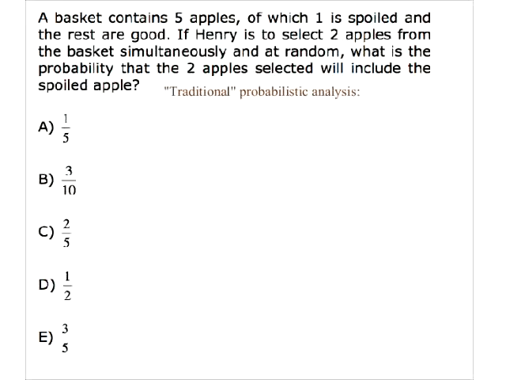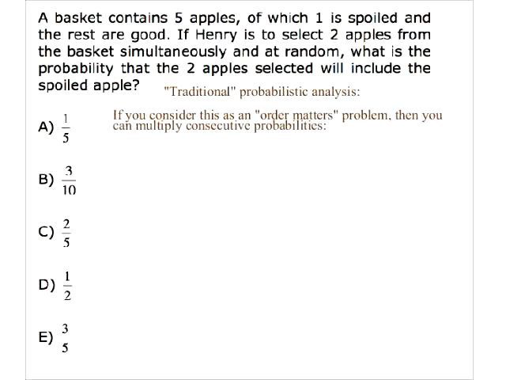Well, if you consider this as an order matters problem, then you can multiply consecutive probabilities. You can do the probability that the first is spoiled, which would be 1 out of 5. You don't have to multiply that by anything.